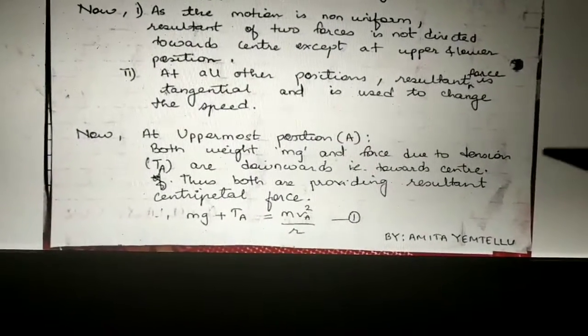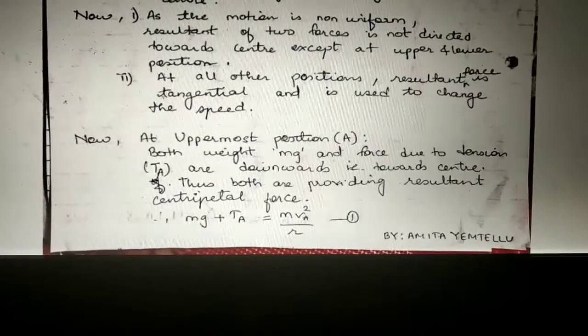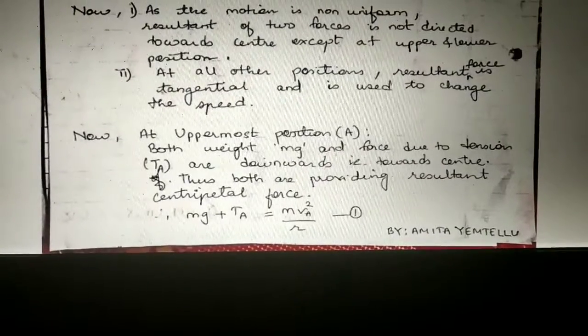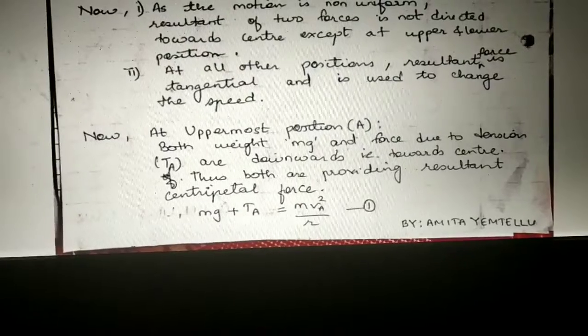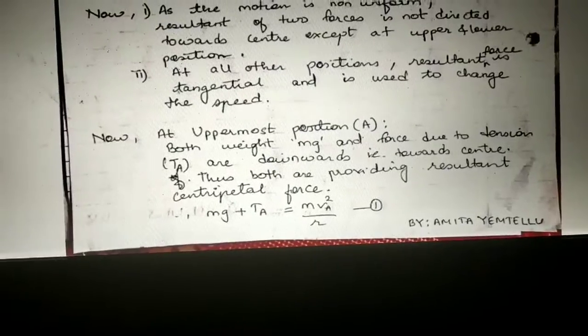At the upper position A, both the weight of the bob, mg, and the tension in the string are acting downward, along the radius towards the center. So they provide the necessary centripetal force for this circular motion. Therefore we can write mg plus Ta.